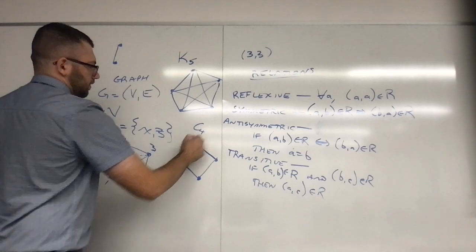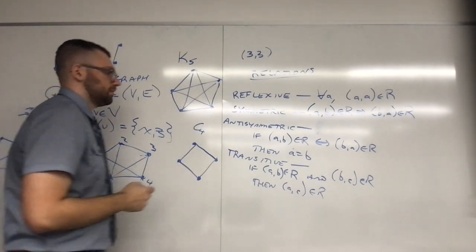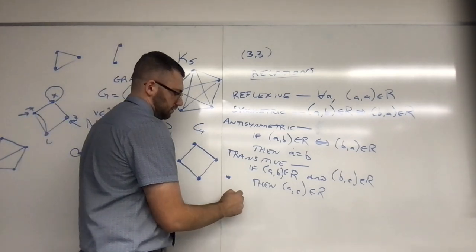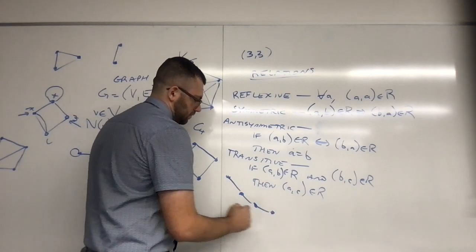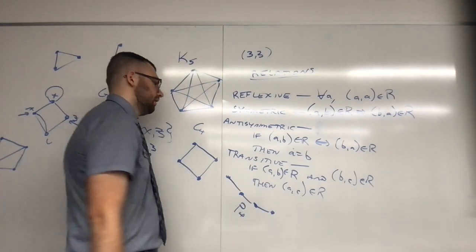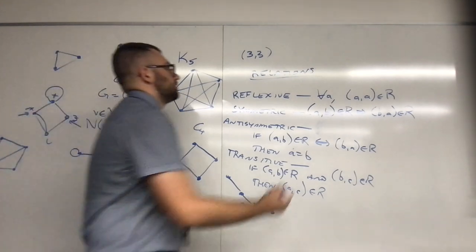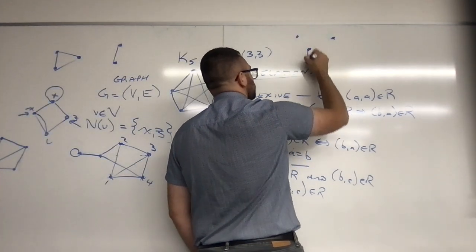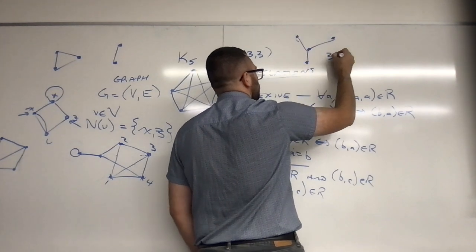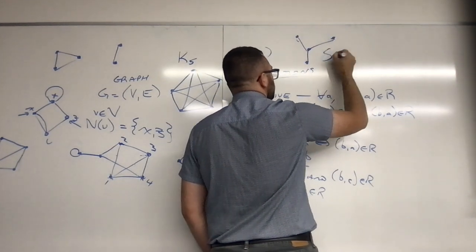This is C4. A path looks like this, where they're all in a line. This is P4. And then I'll do a star, something like this. This is S3.